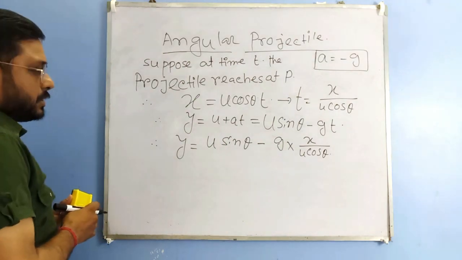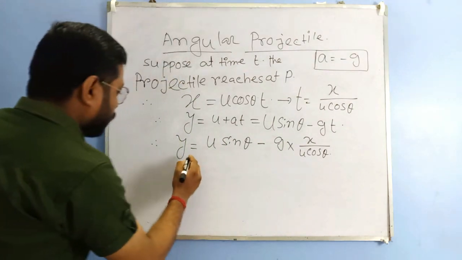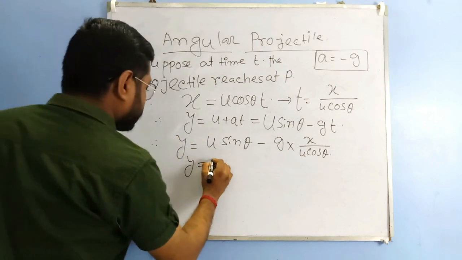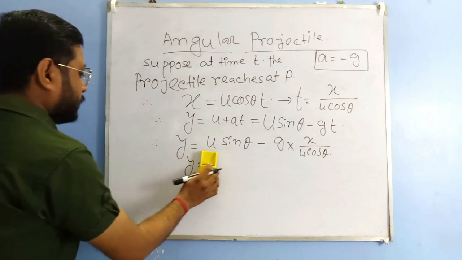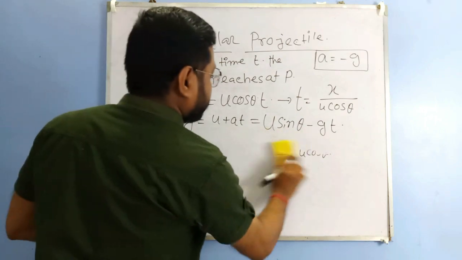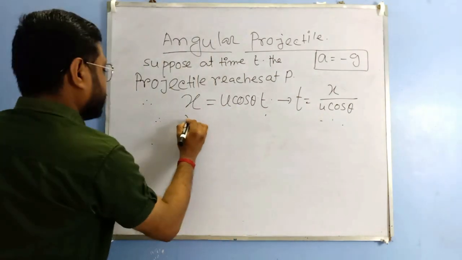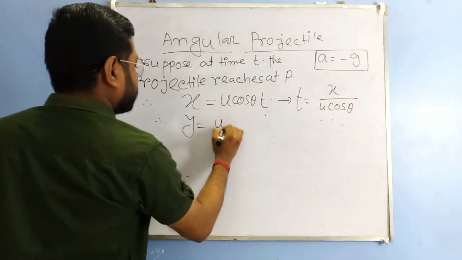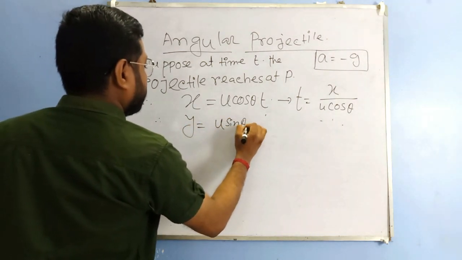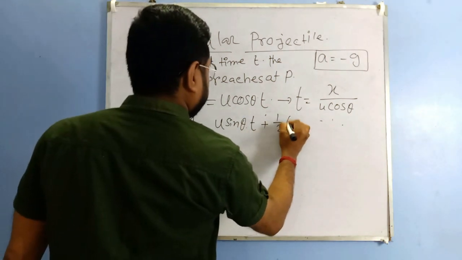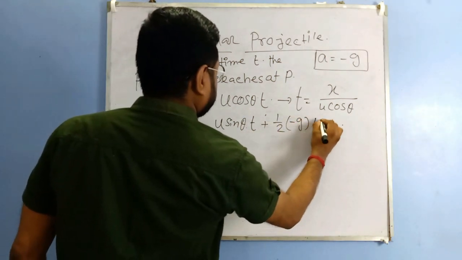We can use the equation y equal to ut plus half at square also. Therefore, if we take the equation y equal to ut plus half at square, then y equal to u sin theta multiplied by t plus half into minus g t square.